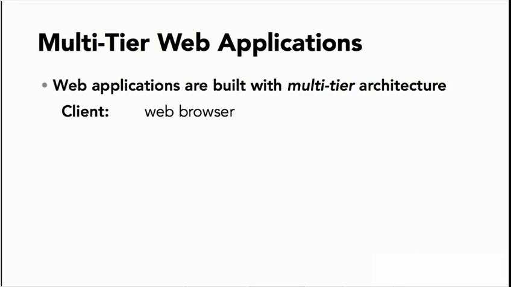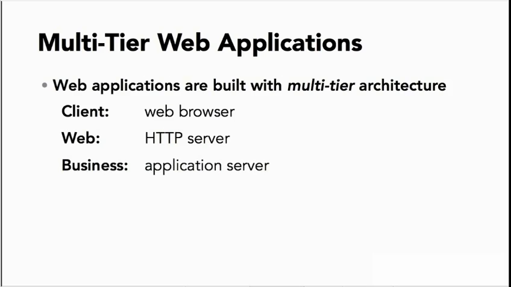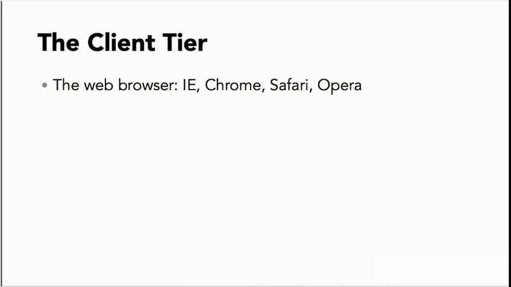There are four major tiers in a web application: the client, the web tier, the business tier, and the data tier. The client is a web browser. The browser software is installed on your local system, whether that's a desktop or a laptop computer, or a mobile device such as a smartphone or a tablet.